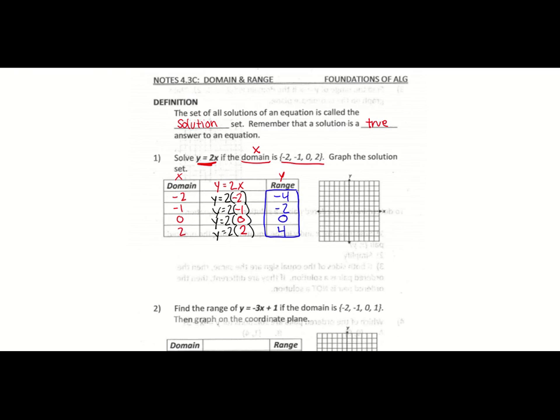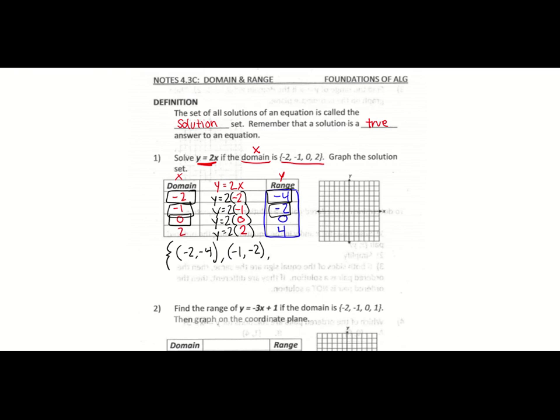my solution set. And when I graph my solution set, remember a solution set looks like this. We have a bunch of ordered pairs. So we have my domain -2 and -4 go together. Then I have a -1 and a -2 as an ordered pair.